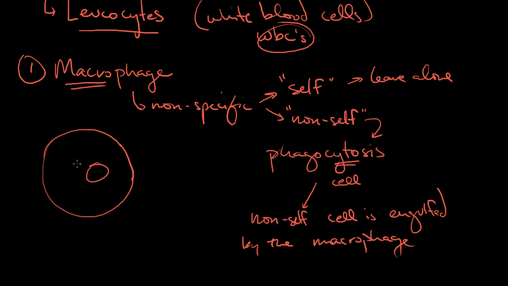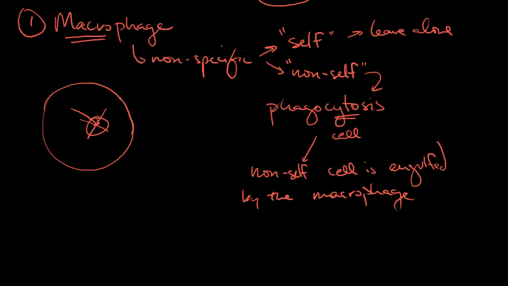And then there are going to be lysozymes that break down this cell. And then it spits those parts out of the macrophage. So that's kind of interesting. But these non-self proteins that are on the cell membrane of these other cells are referred to as antigens, and that kind of leads us into the next section here.